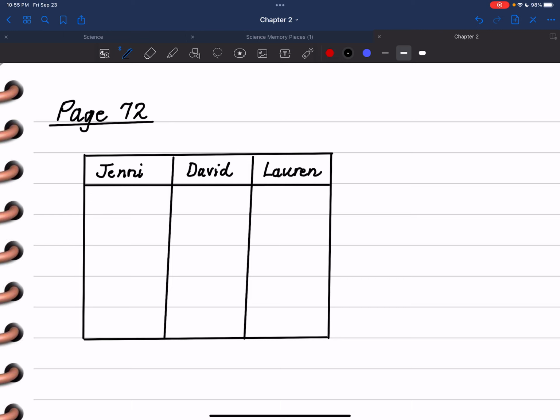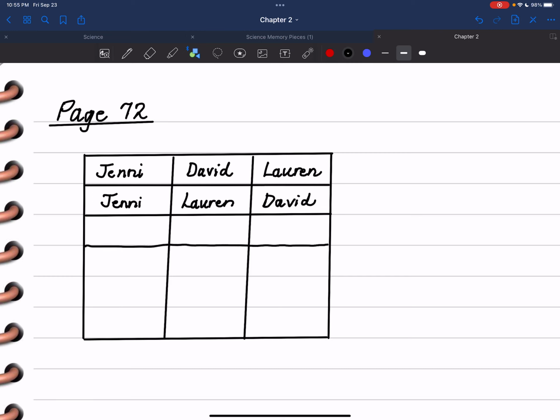That's one possible outcome. Okay, another possible outcome would be Jenny, still in the first seat, and then Lauren and David. Okay. Then we could have David in the first seat, then Jenny, and then Lauren.